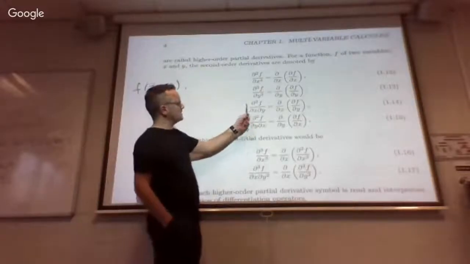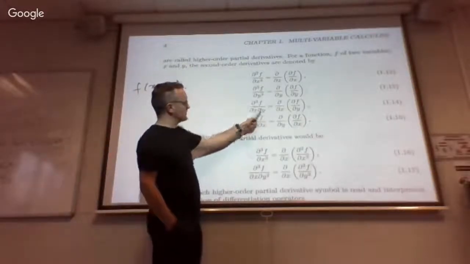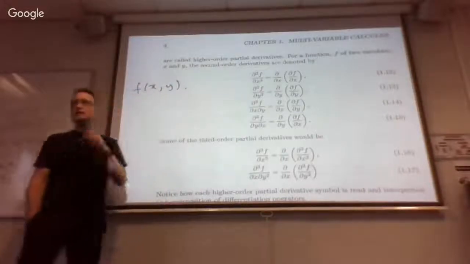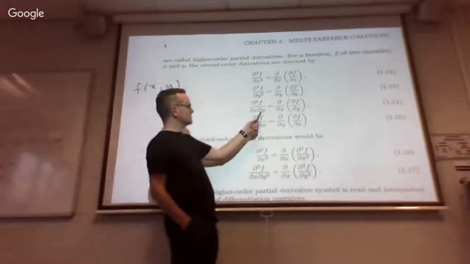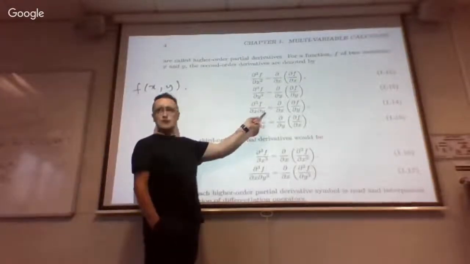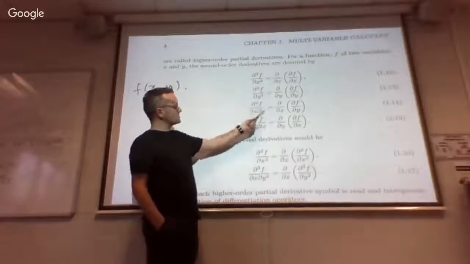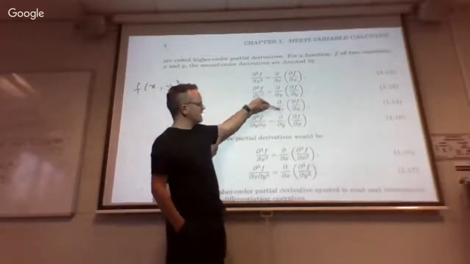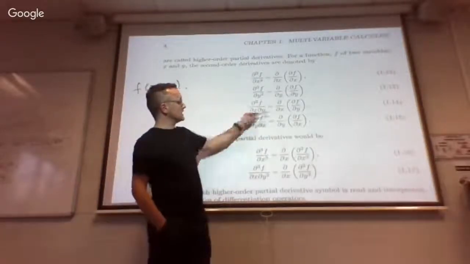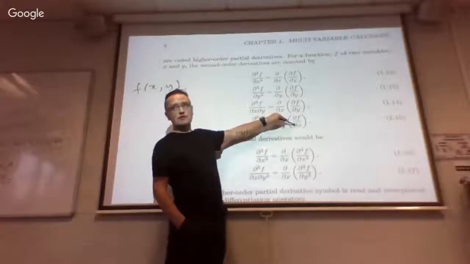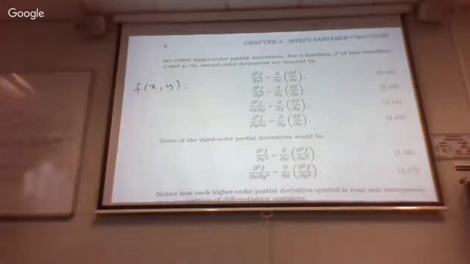Now, the order in which the variables fall in the denominator here indicates the order, but we use it like composition of functions. So the first differential operator that applies is the rightmost one. So this second order partial derivative means taking the x derivative of the y derivative. And if the variables are reversed here, it means taking the y derivative of the x derivative. And this can generalize to third order partial derivatives, fourth order partial derivatives, and so on.